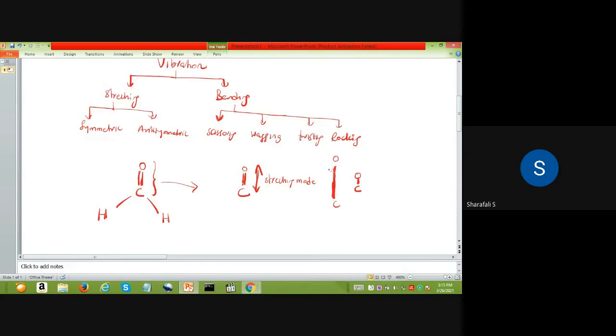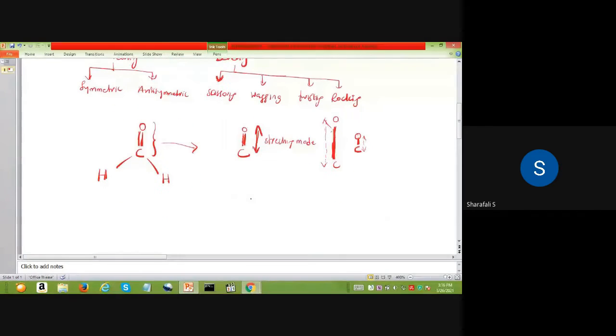Okay. So each time, this bond length R will increase this time, and here it will decrease. So each time this kind of vibration will happen. Okay. So that is one possibility. Another possibility is that this C double bond O carbonyl group can wag, okay, go here and come back here. So this is also possible. Sometimes this oxygen can go here, and next time this oxygen will be over here.